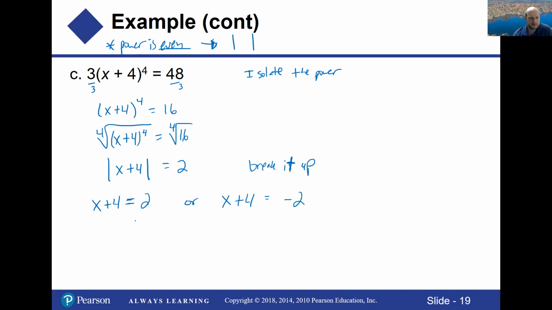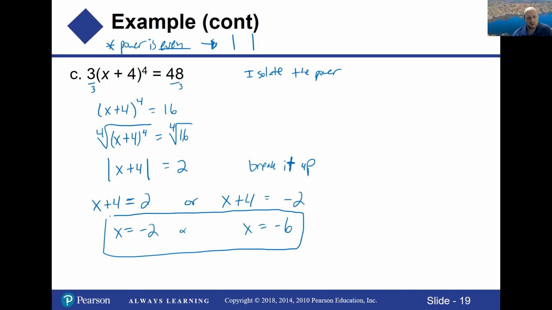So -2 in this case. And then we solve. So x equals, let's subtract 4. 2 minus 4 is -2. Or subtracting 4 here gives us -6. So our answers are x equals -2 or x equals -6. You could substitute both of those in. They would both work for this answer. You could check it. Both of those answers are going to work.